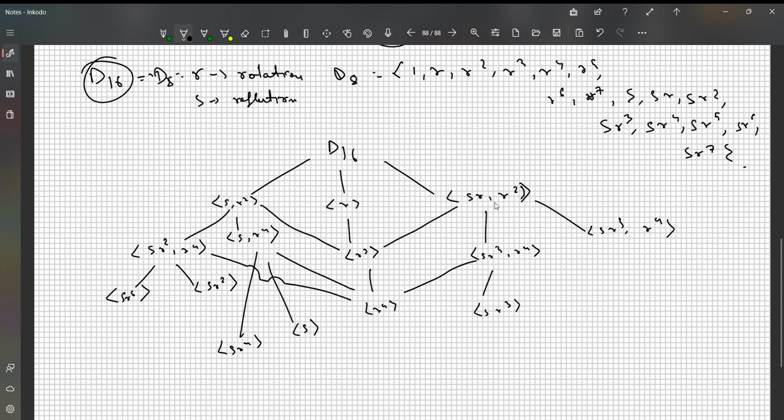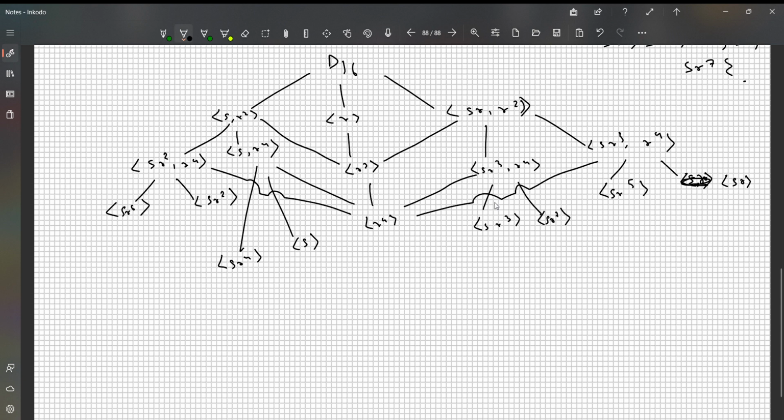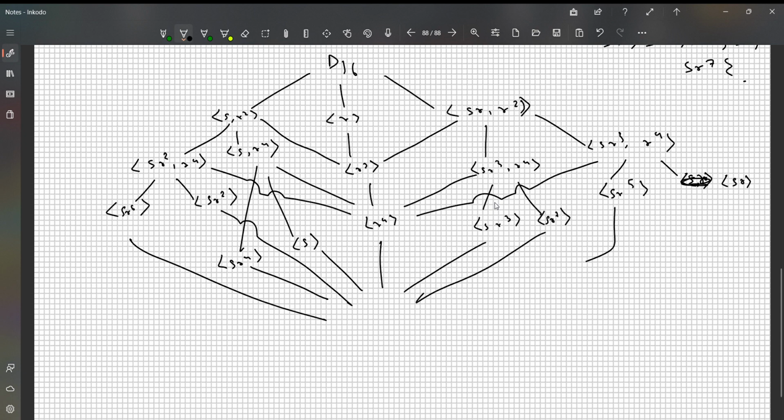And they have the immediate subgroups sr cubed and sr to the power 7. From here you have sr to the power 5 and sr. But r to the power 4 is a direct subgroup of this as well, right? And each of these is linked to only one subgroup.